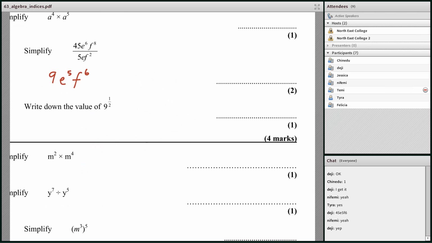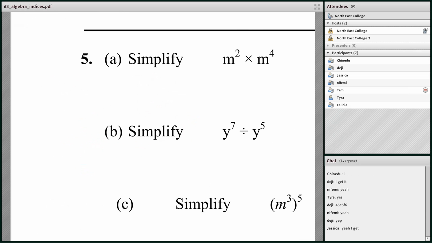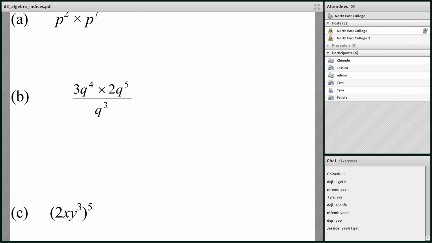It means that it's going to be power of 1.